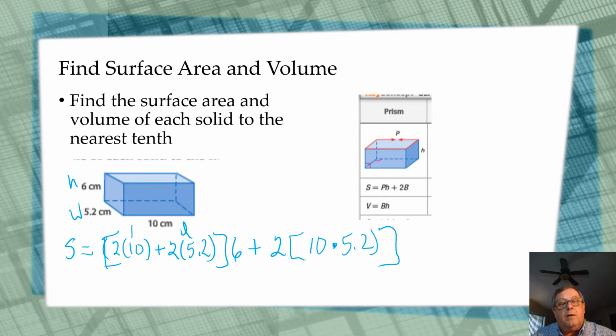And so that part equals 182.4, plus 2 times the area of the base. So it says 10 times 5.2, which is 52, times 2, 104.